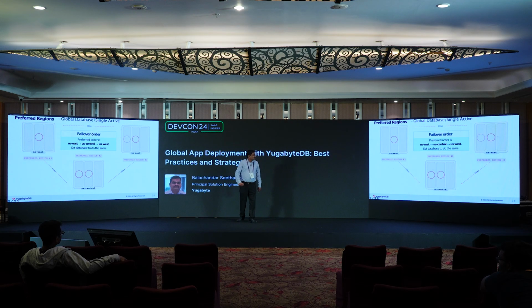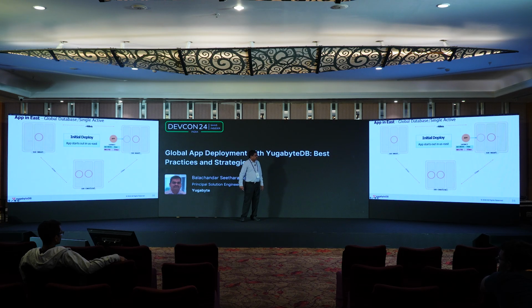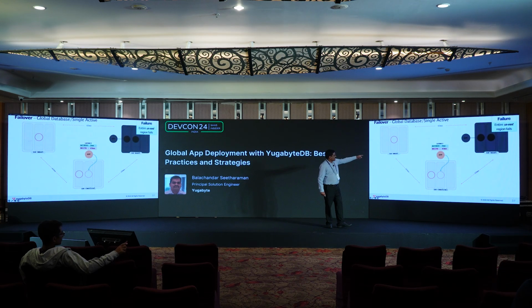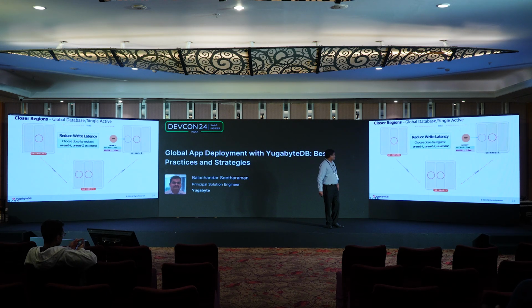This is called the preferred region concept with a single active. The app in East takes 2 milliseconds and the write takes 30 milliseconds. The app also takes 2 milliseconds and the write takes 40 milliseconds if East goes down. So you have to pin the closer regions accordingly.